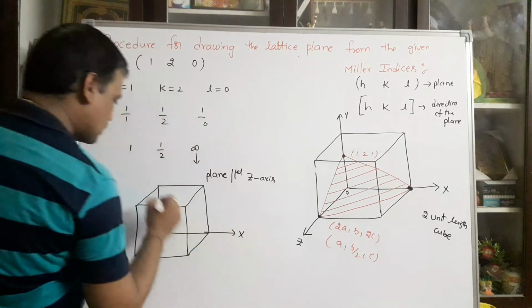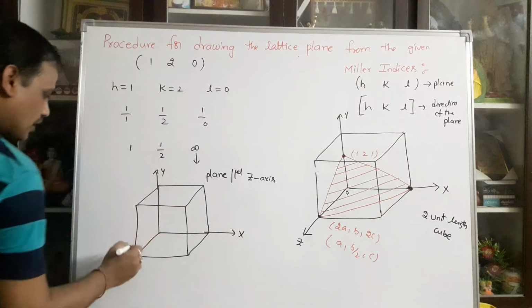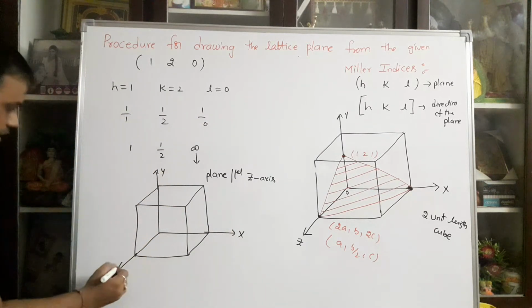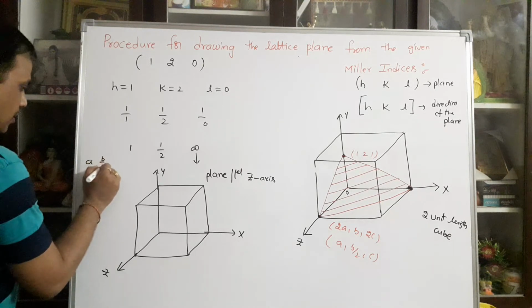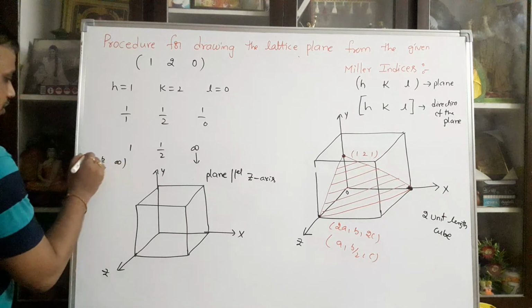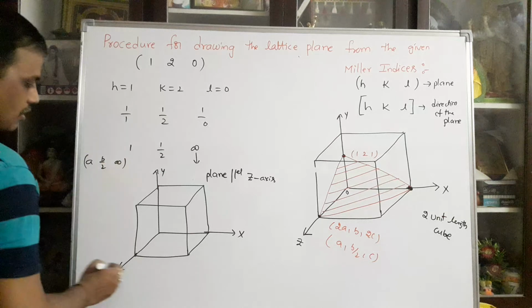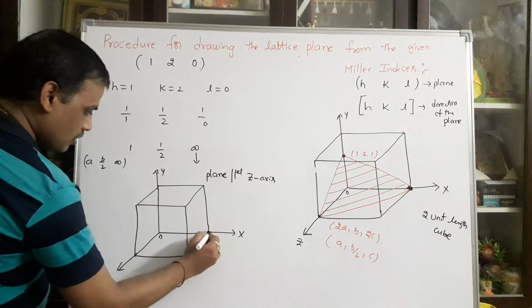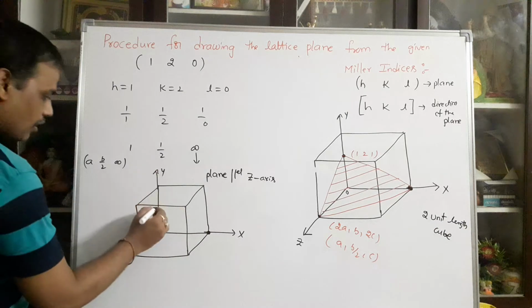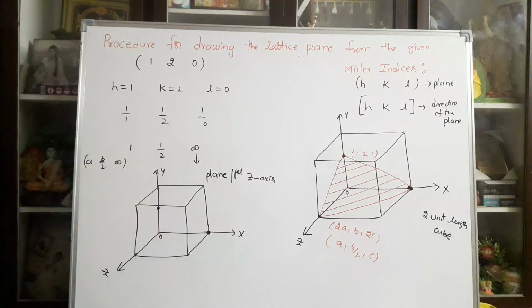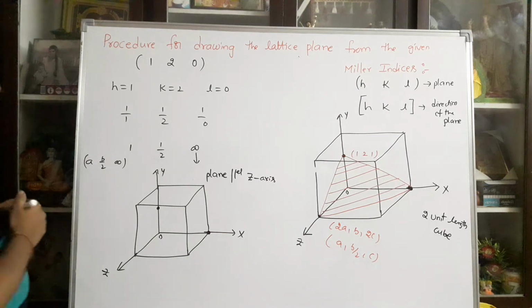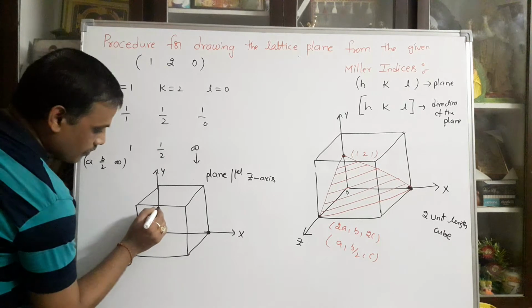It can be taken as the x direction, the y direction, and the z direction. Along the x direction the intercepts are a, b by 2 and infinity. So along the x direction 1 unit, along the y direction half, along the z direction infinity, so you are not indicating it. Based on these two, you can draw a plane.